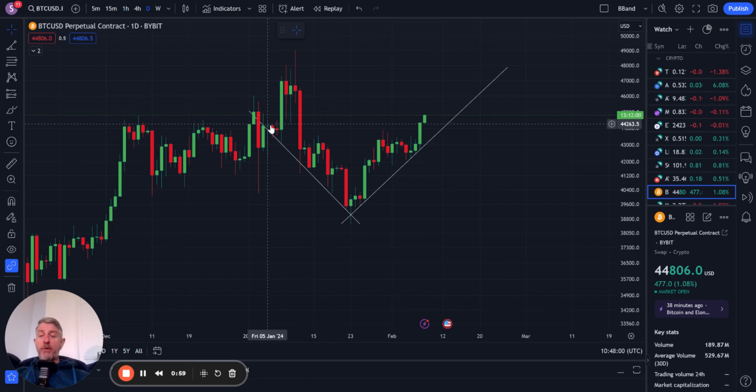Now, I've put these two lines on here, one showing this downtrend, picking out these bottoms, and one showing this uptrend, picking up so far only really two bottoms. What's interesting about them is WD Gann, who still has influence to this day.